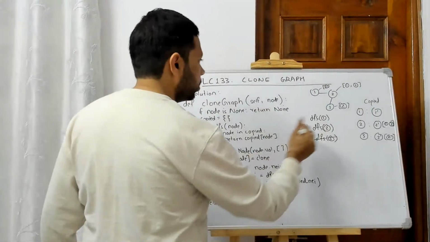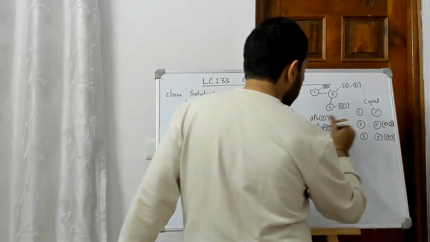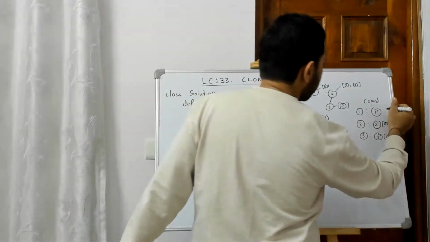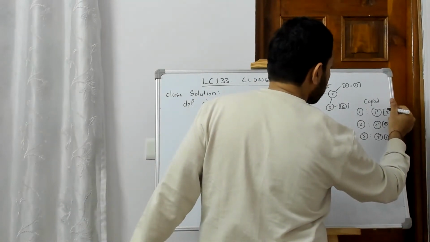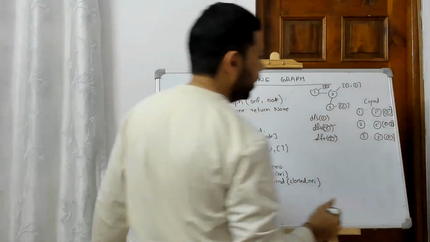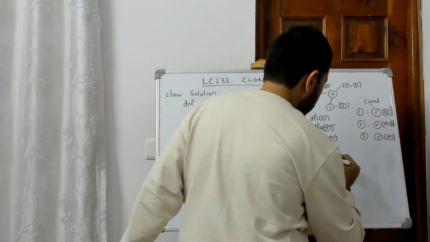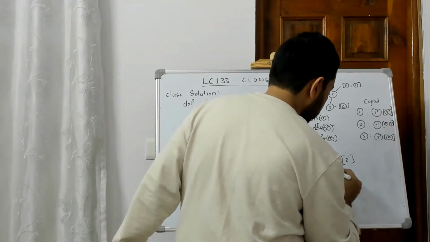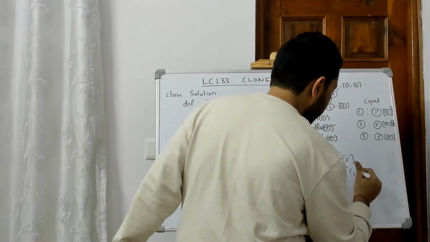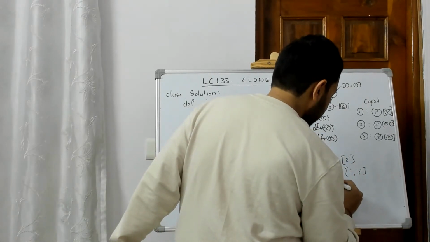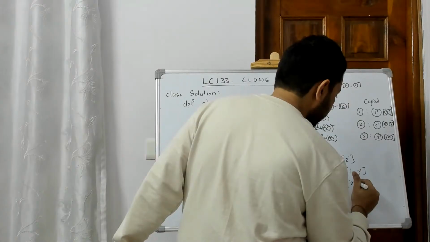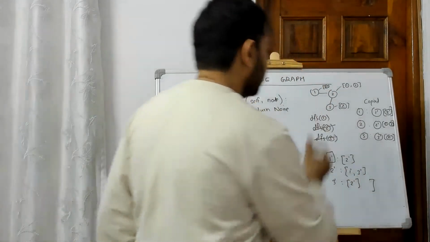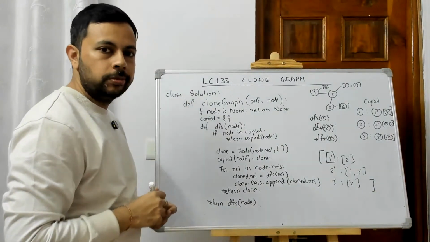And finally, 2 will return 2 dash, and that will become the neighbor of 1. So finally, you will have a graph which looks like this: 1 dash, 2 dash, 2 dash, 1 dash comma 3 dash, 3 dash, 2 dash.